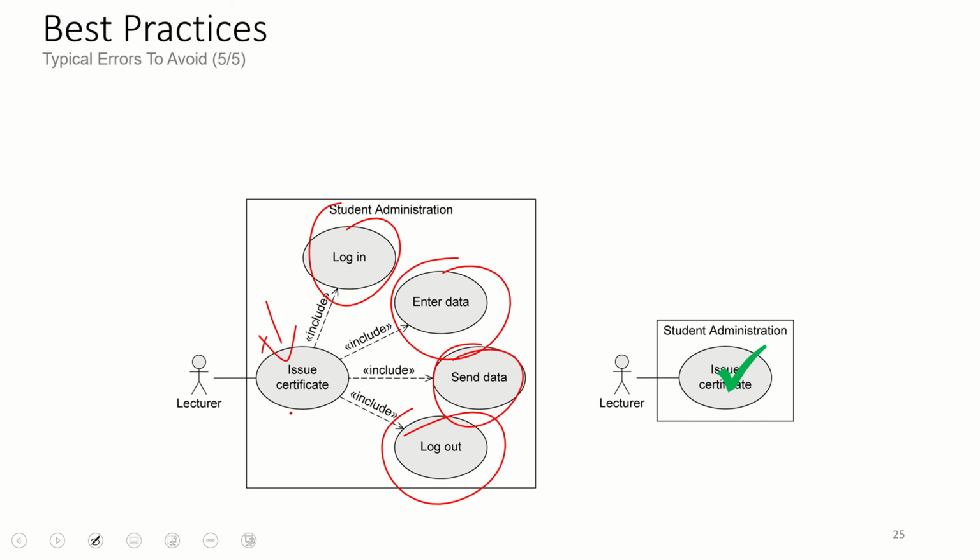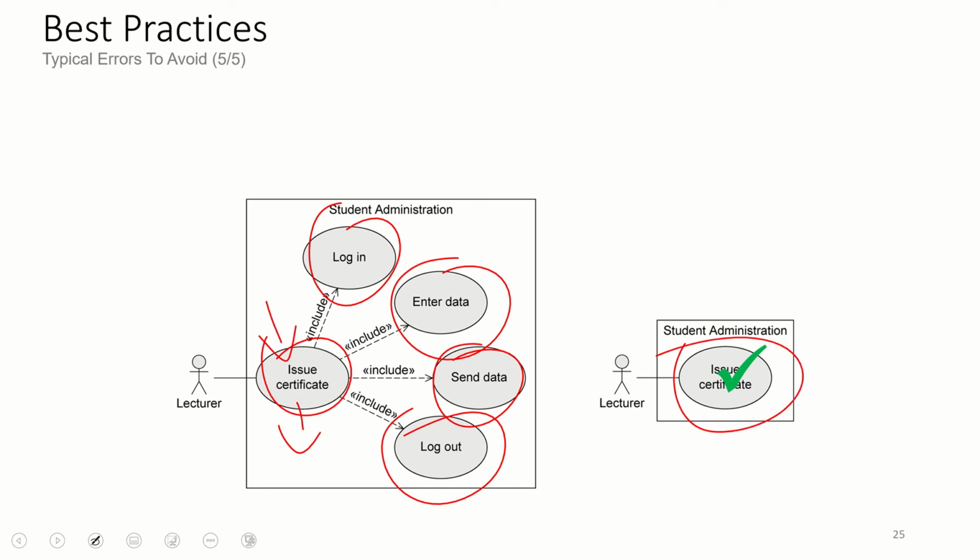Those things are more like a workflow. We don't need to present them at this level. Instead we can use other diagrams to help other people, especially developers, understand those details. So the best way is to present just one use case.